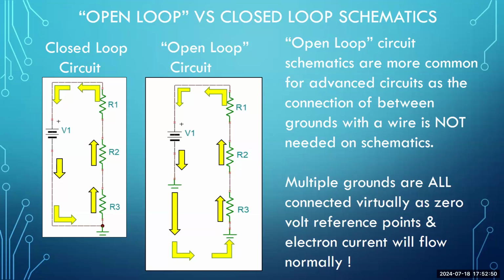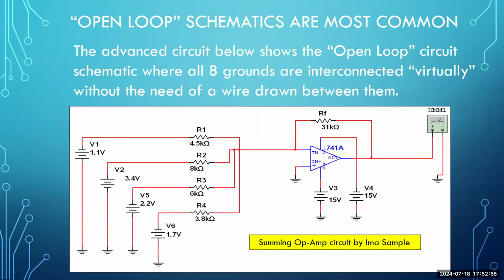So moving on with more examples of open loop, take a look at this. All right, so here's an advanced circuit. This happens to be a summing op-amp circuit, something you will probably see in the next semester. And if you take a look, I've got 8 ground symbols. There's 8 of them.